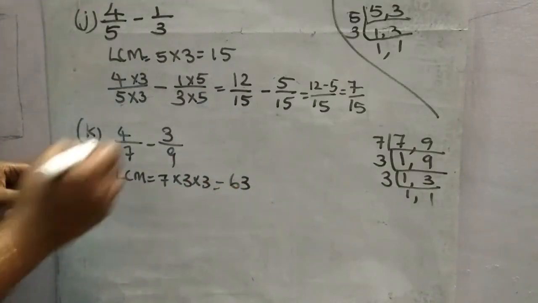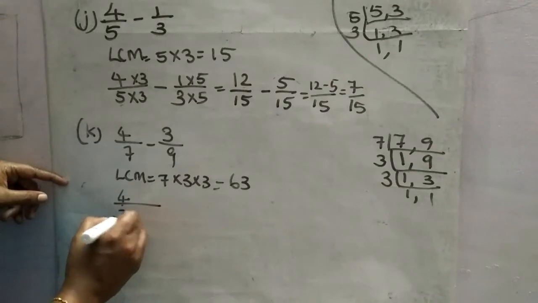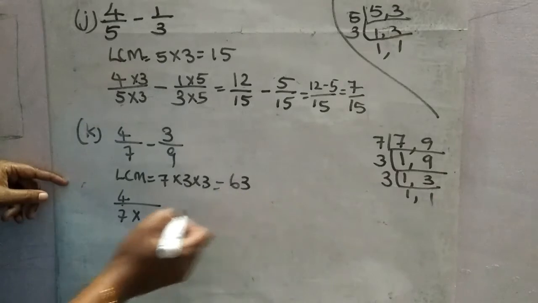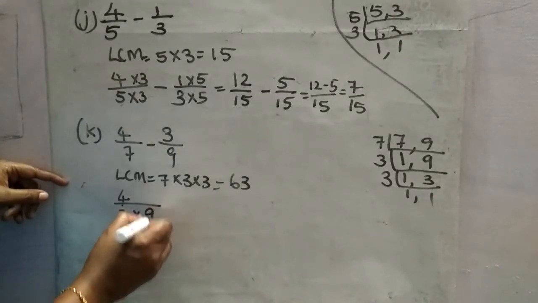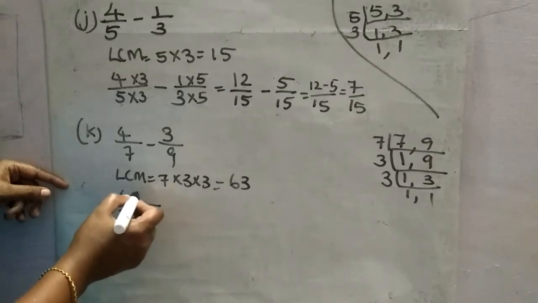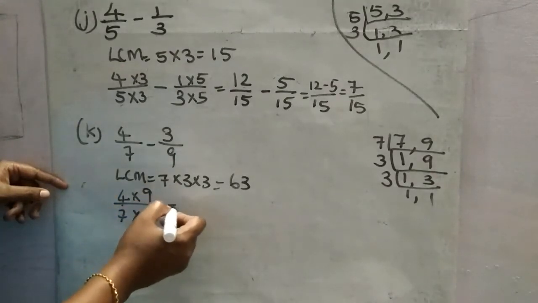9 7s are 63. Now 4 by 7 into which number will get 63? Yes, 7 into 9 will get 63. 7 9s are 63. So multiply the numerator also with 9.